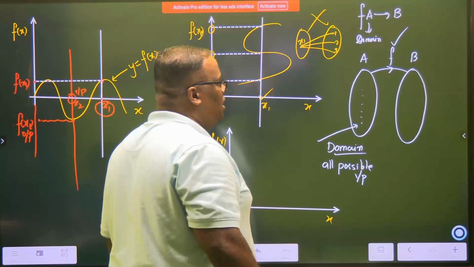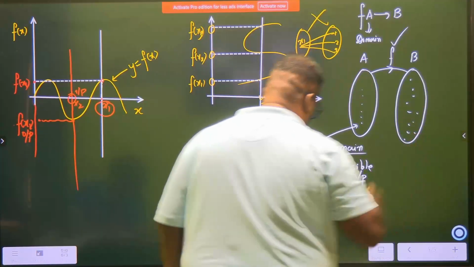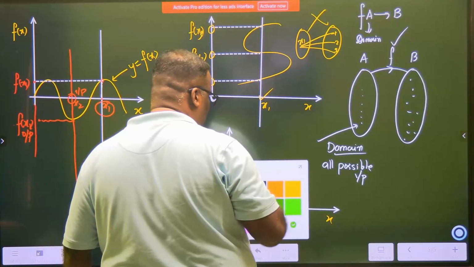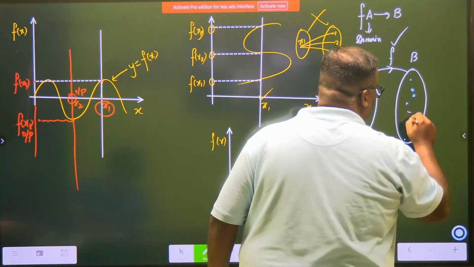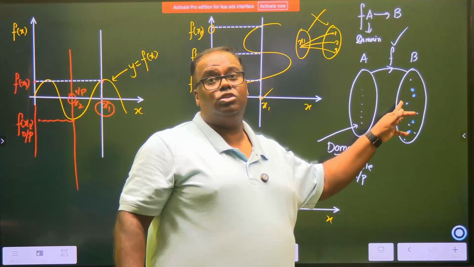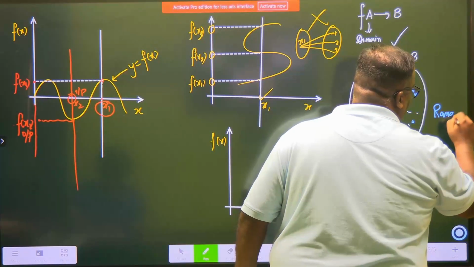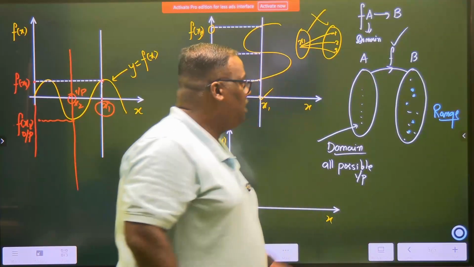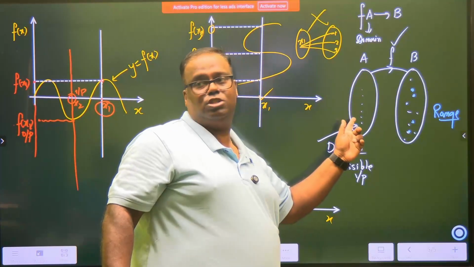Now in B, I can have various elements. However, I find that there are only a few lucky elements which find a mapping. Those lucky elements will constitute what is known as the range. So what is range? Range is the set of elements which are the output for every possible input.